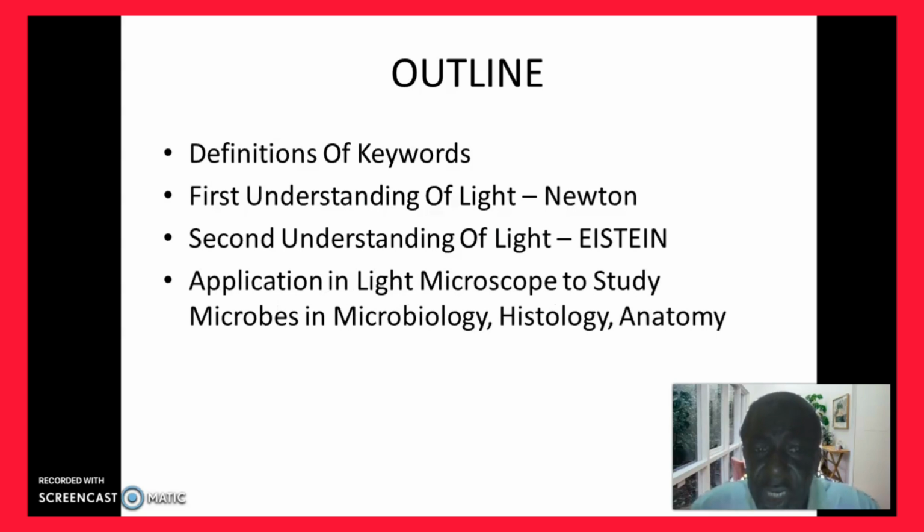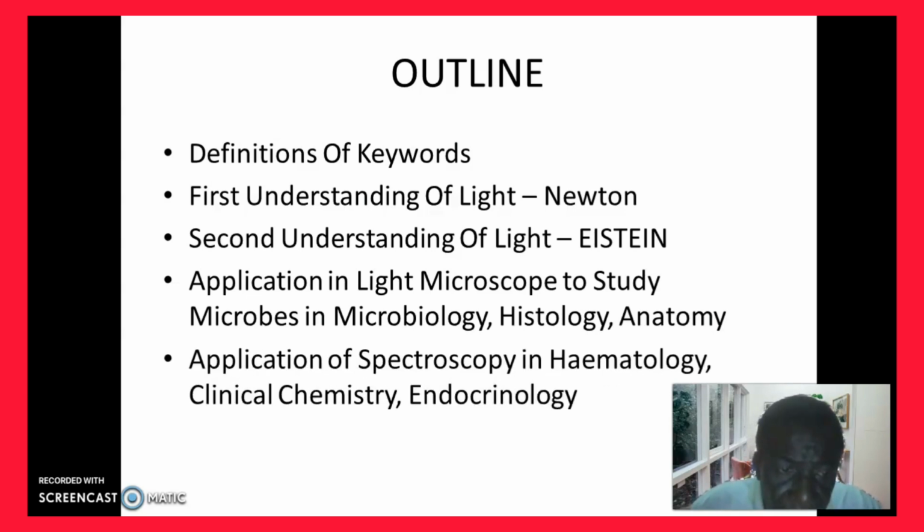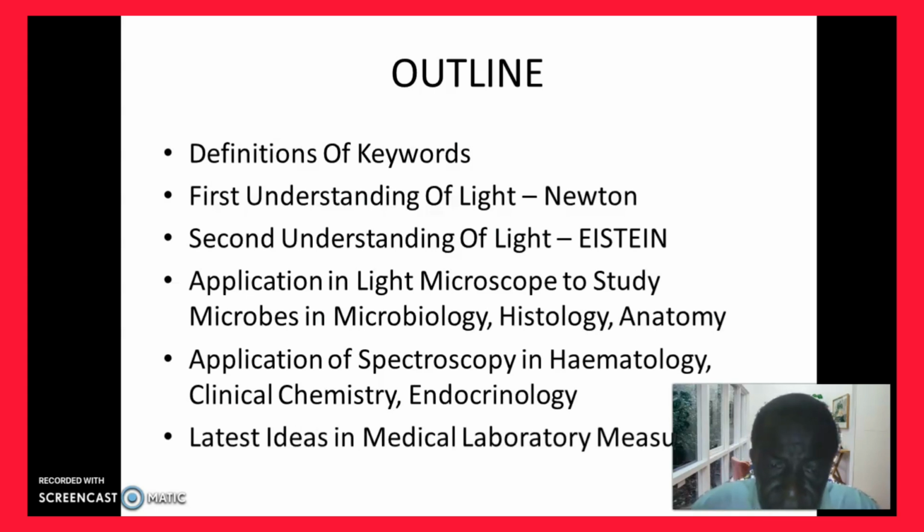Then the application in light microscopy to study microbes in microbiology, histology, anatomy, and other study subjects. Application of spectroscopy, that is when we are talking of wavelength, in hematology, clinical chemistry, endocrinology, etc. And then the last part is the latest research in medical laboratory measurement.